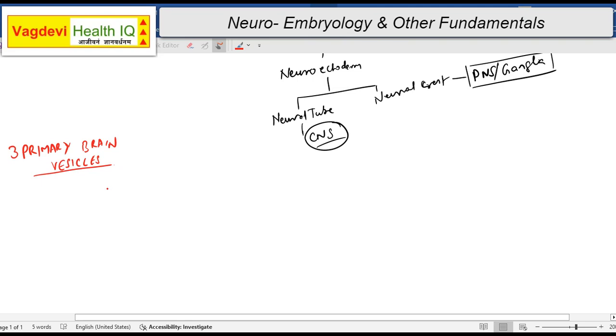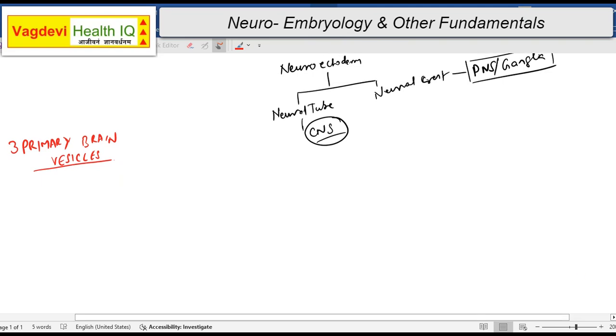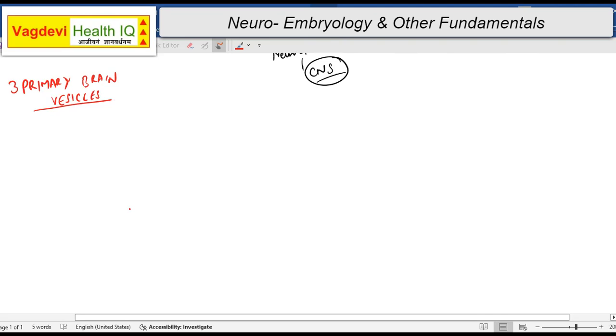Three primary brain vesicles. Okay, it's very nice to understand this concept, it is very, very important also, as we are going to see the basic structure of this as well.